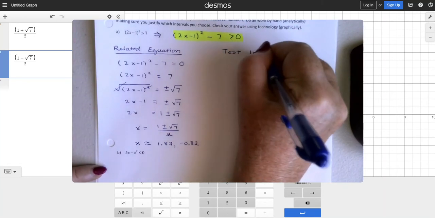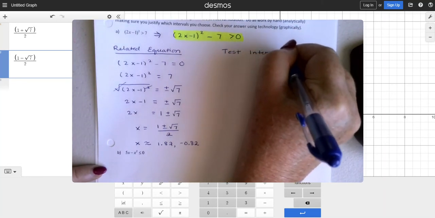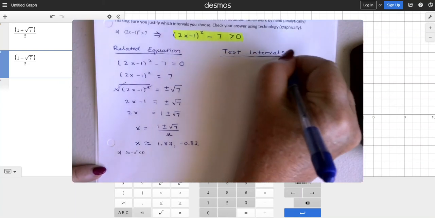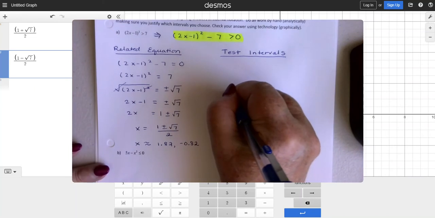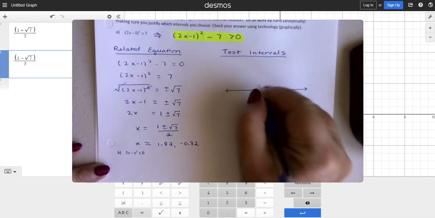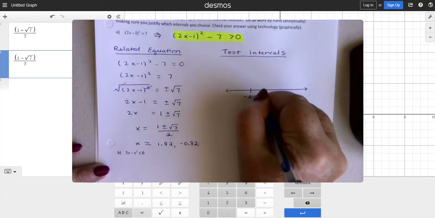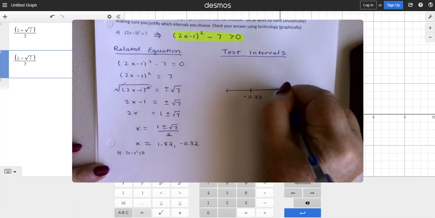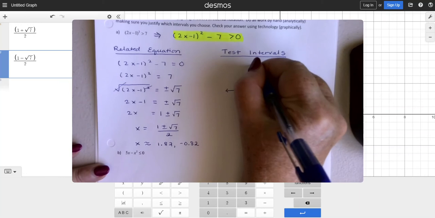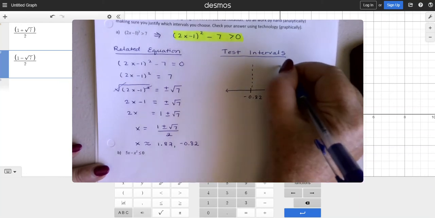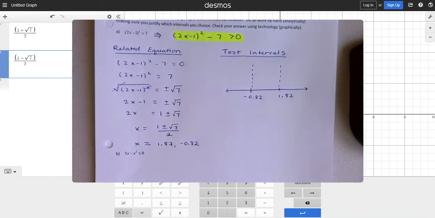All right, now I'm going to test my intervals. Those two x values, if I put them on a number line, essentially split that number line up into 3 sections, just like the 3 sections of the graph we looked at a moment ago.